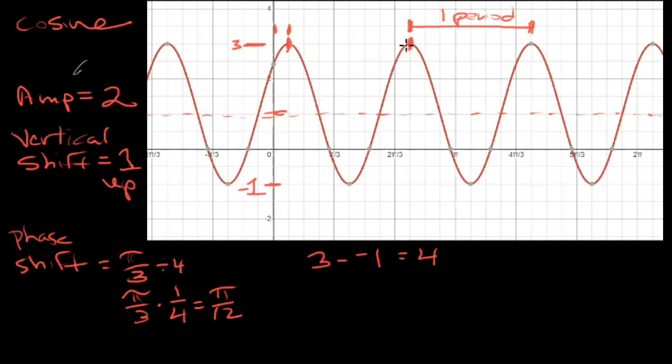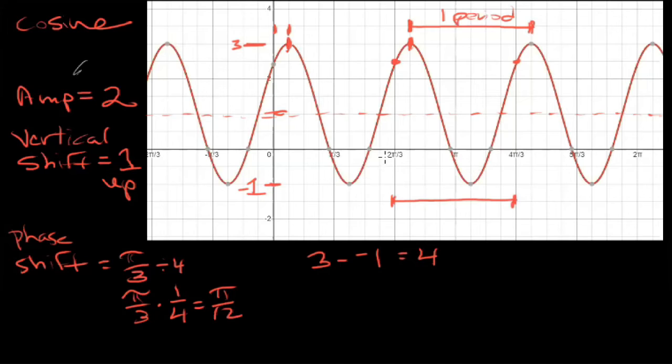And so from here to here, well, that is 4 pi over 3 plus pi over 12. And the thing is, though, I don't want to do that calculation. So I'm just going to slide this period. If I look carefully, I'm 1 unit over here. I'm 1 unit over here. That means I could have chosen this point and this point as well. And that would have put me right on the grid.